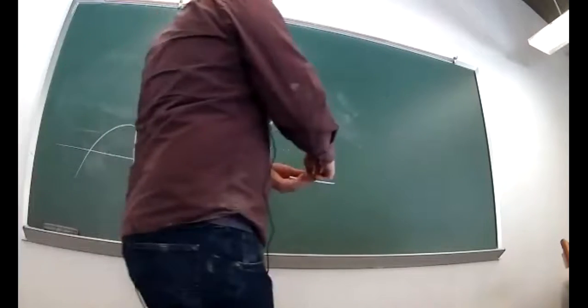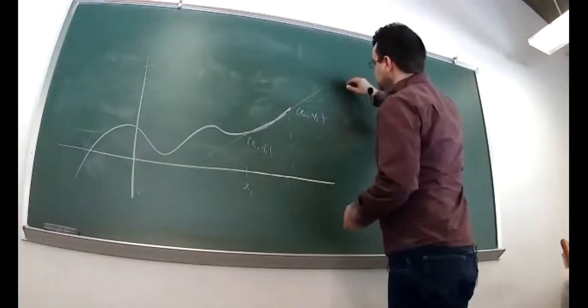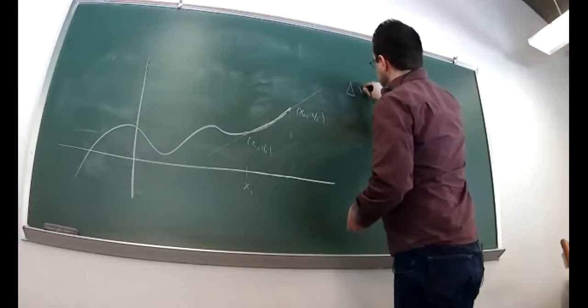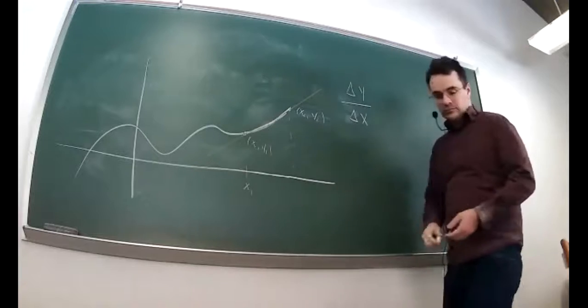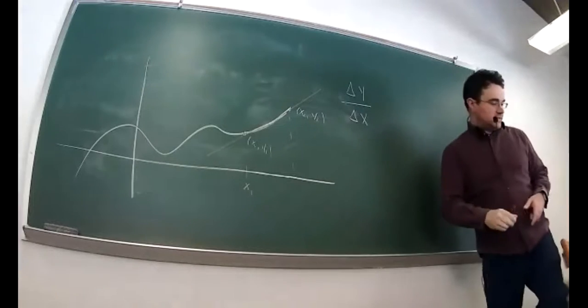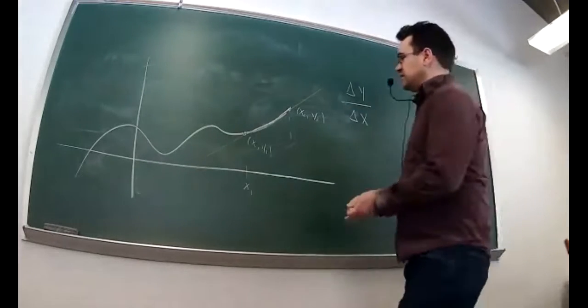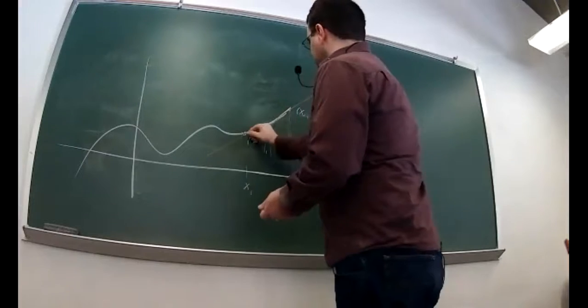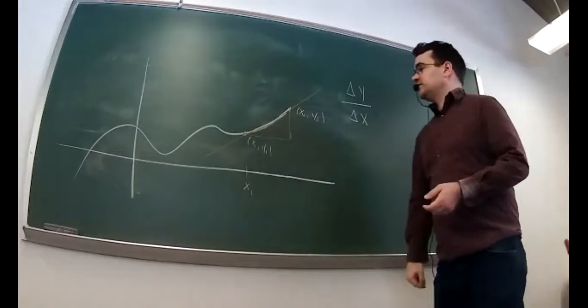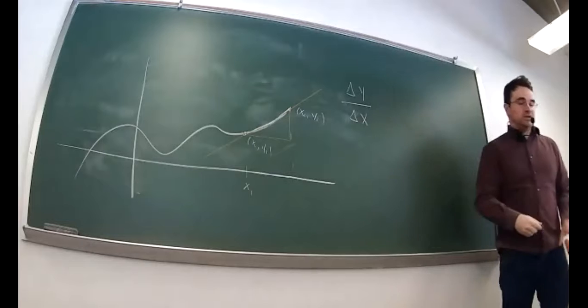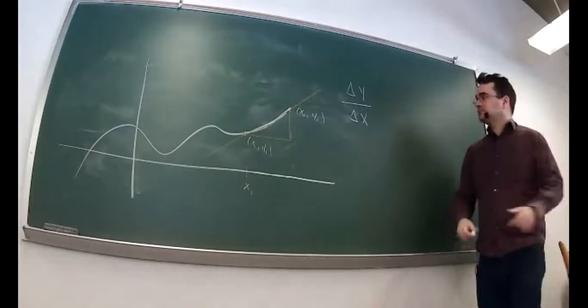And you can still look at delta y over delta x. In other words, you can still look at the slope of the line that goes through x1, y1, and x2, y2.